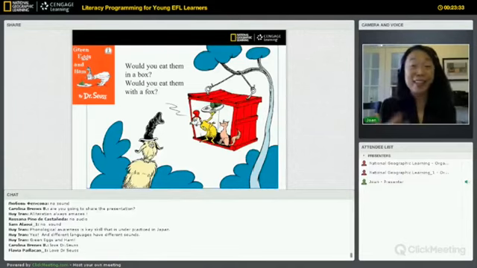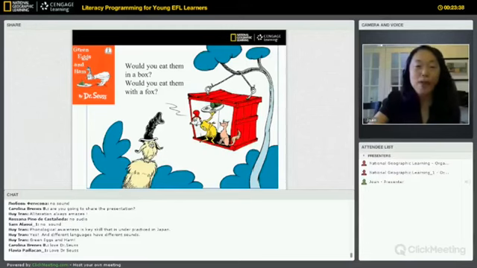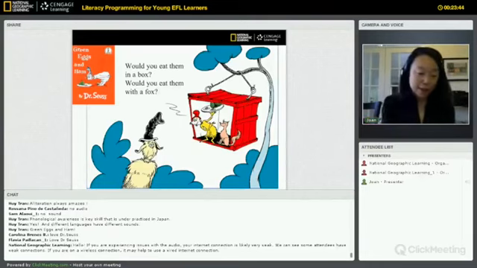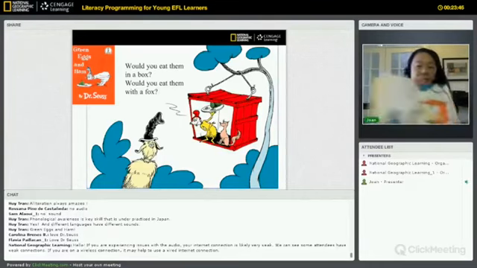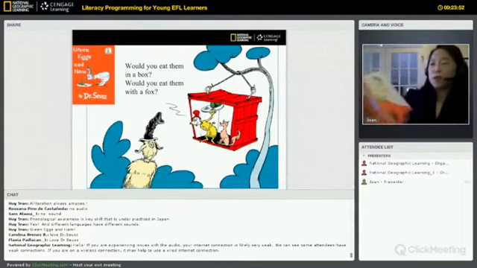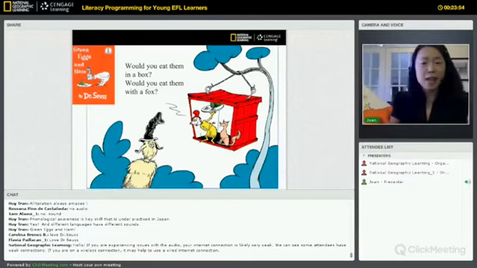There are many opportunities for teachers to point out the sounds in a natural and fun way with a fun book. I happen to have turned to this page, and I can read it to you. Not in a box, not with a fox, not in a house, not with a mouse.